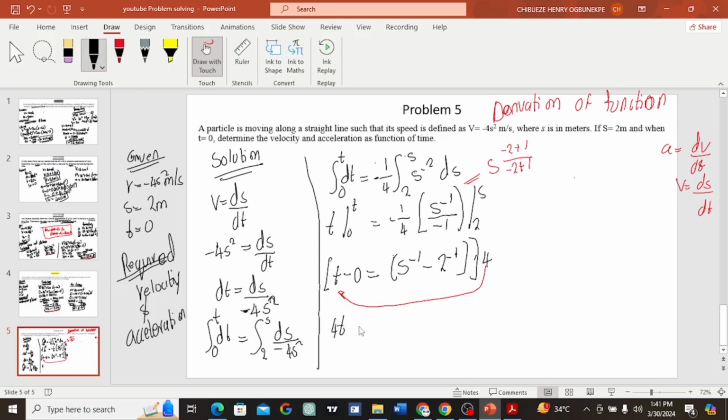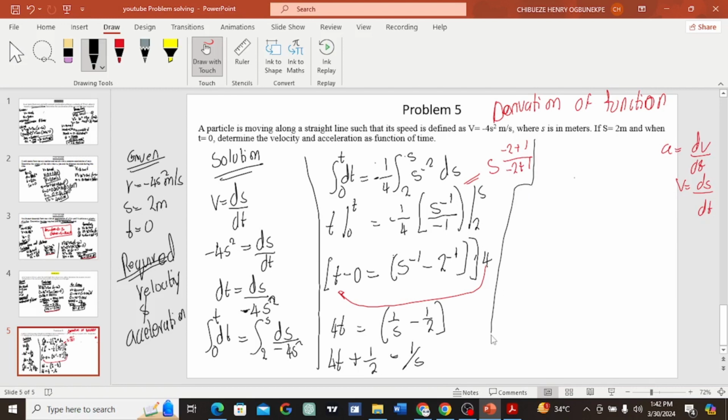So 4t equals, open bracket, 1 over x minus 1 over 2, where 4t plus, when you cross 1 over 2, gives positive, equals 1 over x.